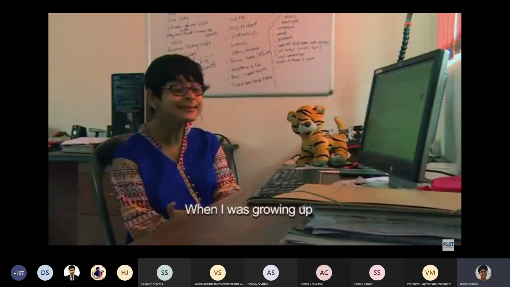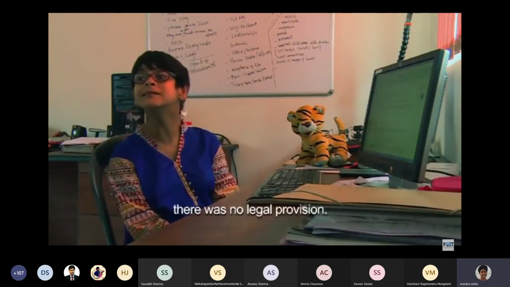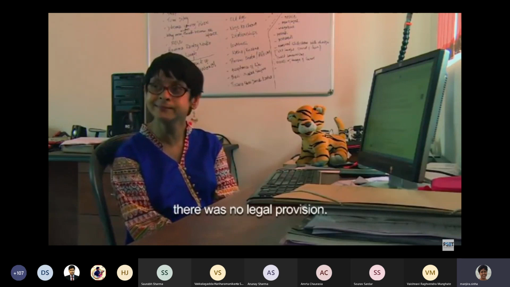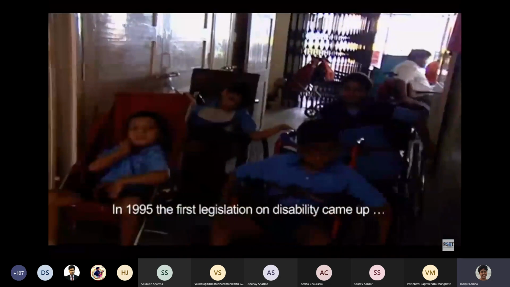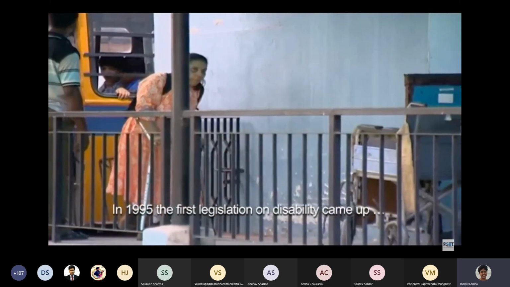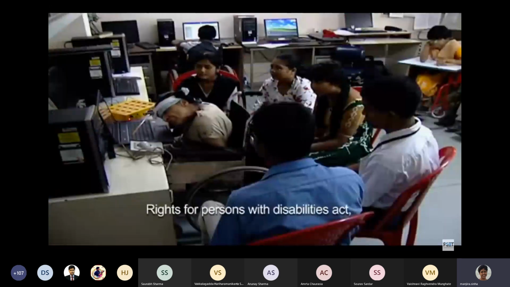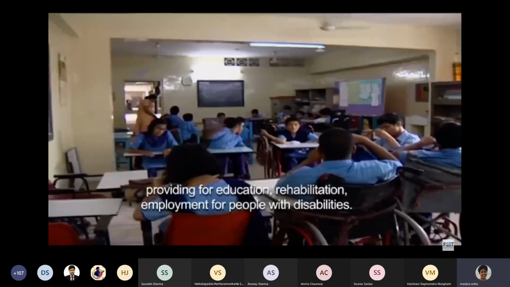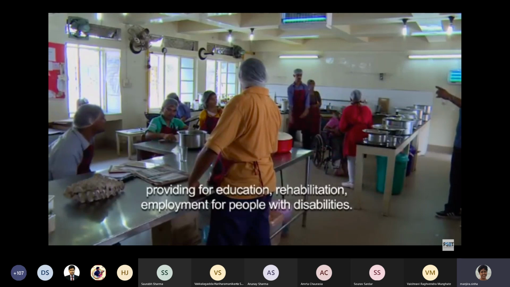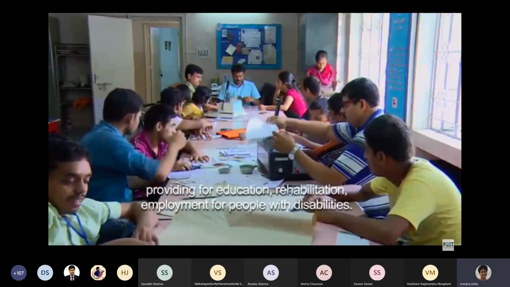When I was growing up, there was no legal permission. In 1995, the first legislation on disability came up. Rights of persons with disabilities Act, which provided for education, rehabilitation, employment for people with disabilities.